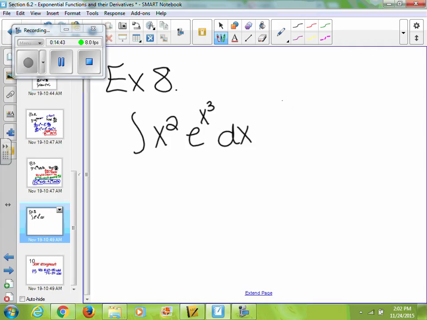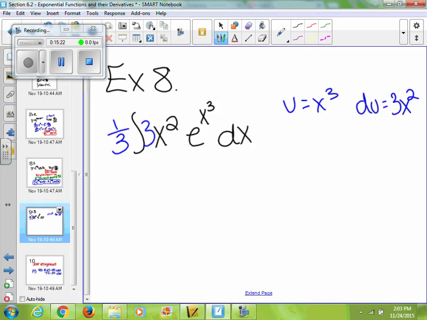First thing I'm going to do is let u equal x cubed so that I can integrate e to the u, which tells me then that du is equal to, what's my derivative of x cubed? 3x squared, yes. Okay, and so I have an x squared in my problem, I don't have a 3 in my problem, so I need to add a 3 and add a 1/3 outside.